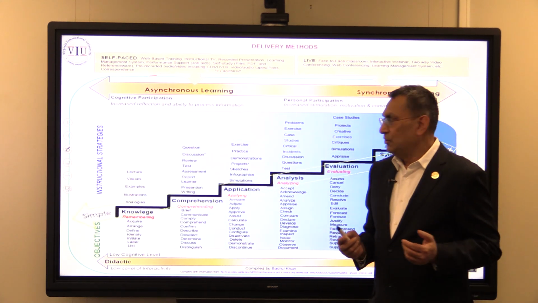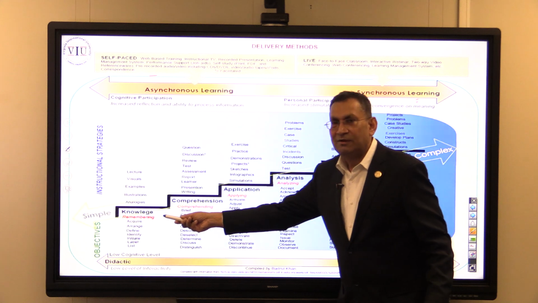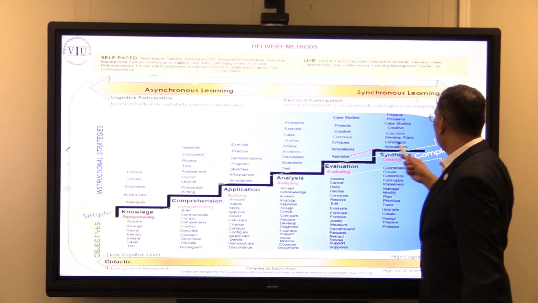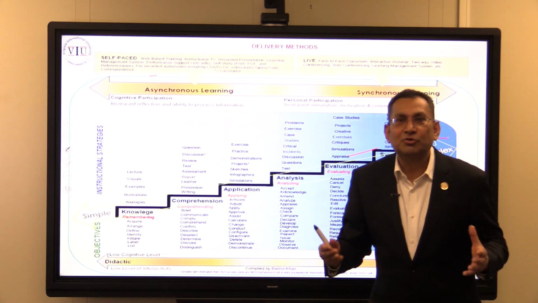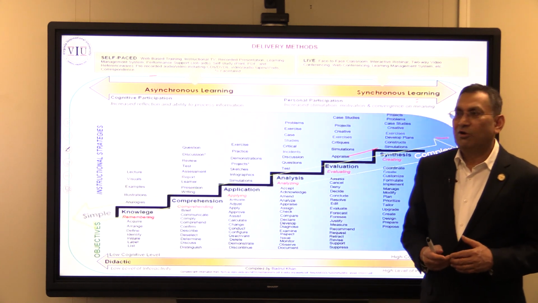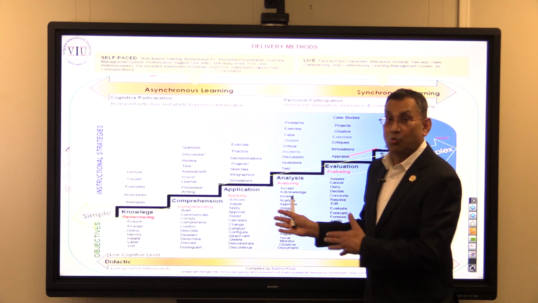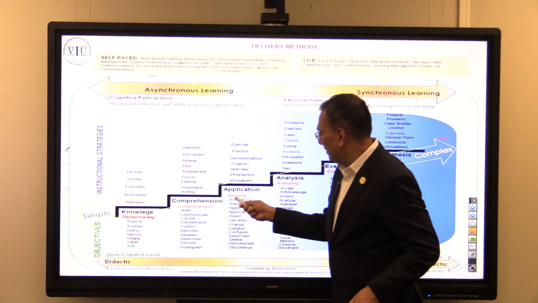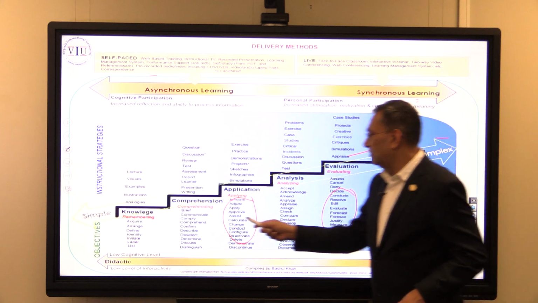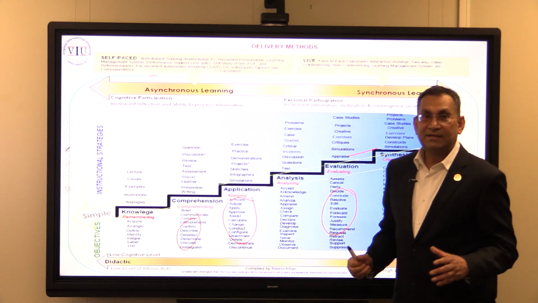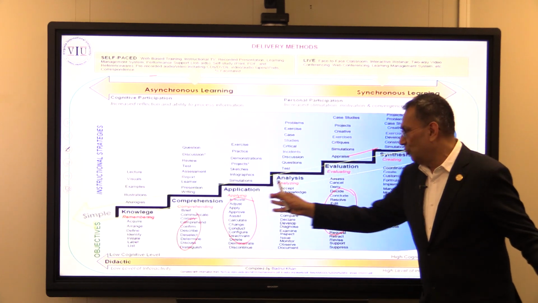I said, okay, this is Bloom's taxonomy, from low cognitive to high cognitive. Tell me where the objectives of your course fall. They said some are here, some are here, some are here. I said, looks like you are all over.